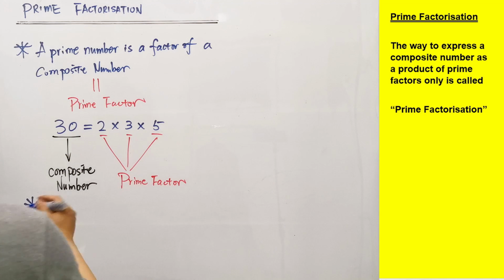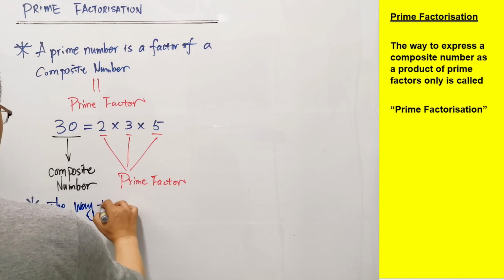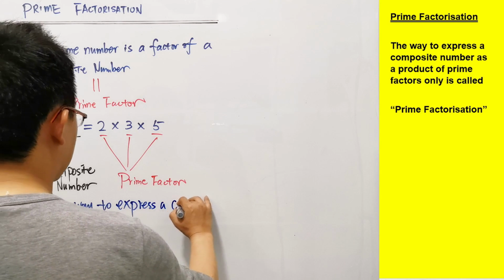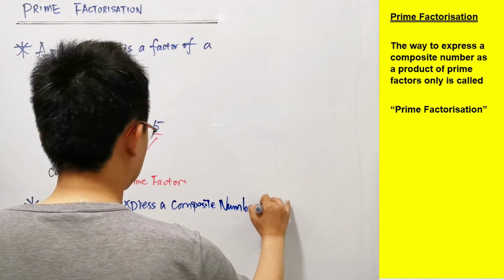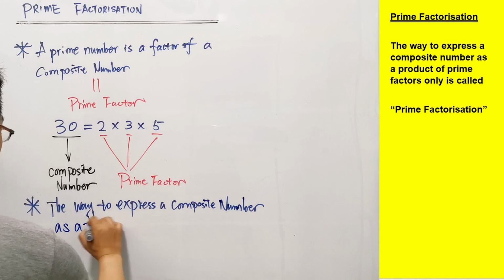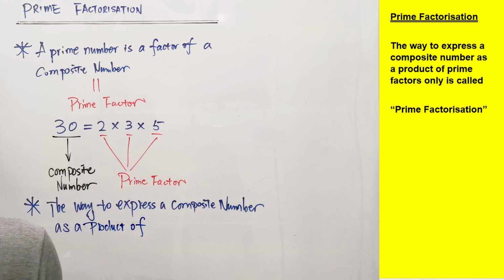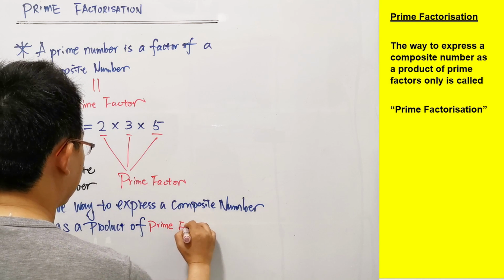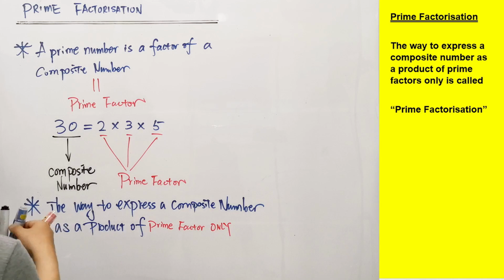So it's the way to express a composite number as a product of prime factors only.